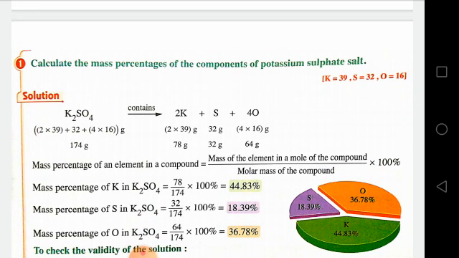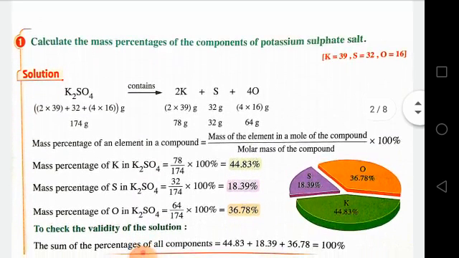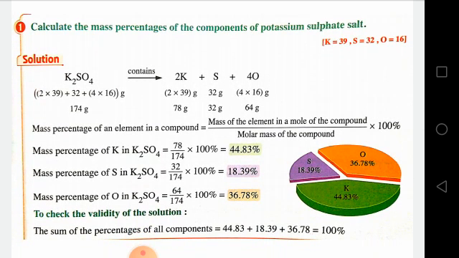So each 1 mole of potassium sulfate contains 2 moles of potassium atoms, 1 mole of sulfur atoms, and 4 moles of oxygen atoms. When we calculate the molar mass of potassium sulfate, it will be 174 gram.